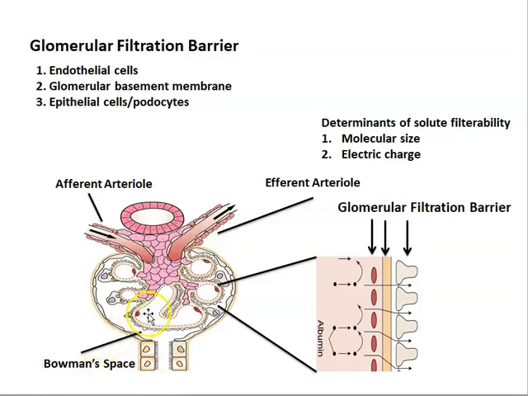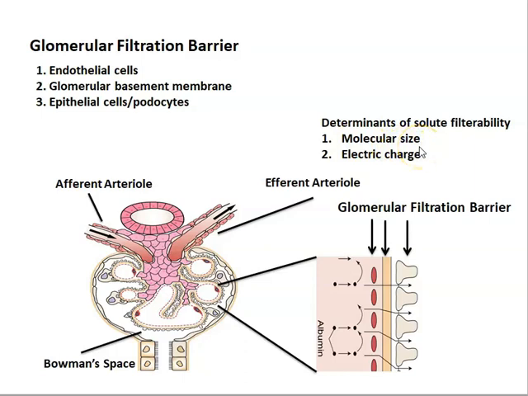Now, for any substance, whether it is glucose, protein or urea, to diffuse through the glomerular filtration barrier, two factors are required. The first factor is the molecular size of the substance.